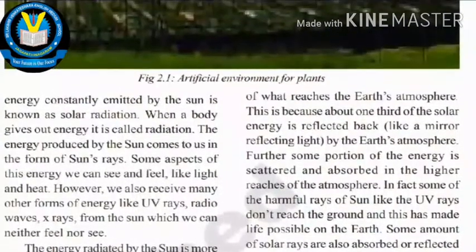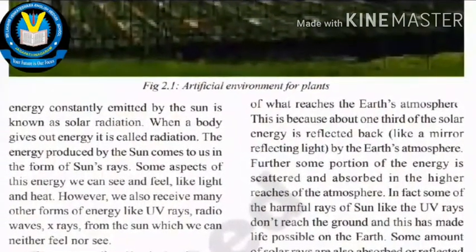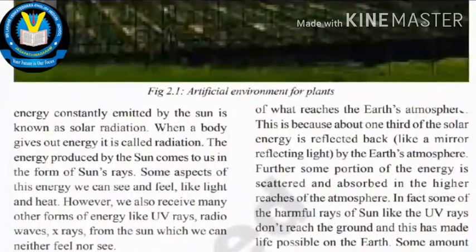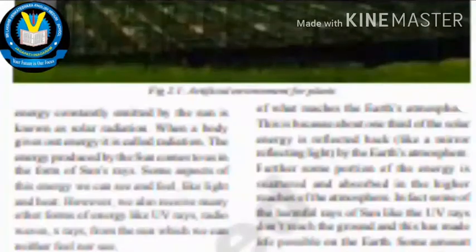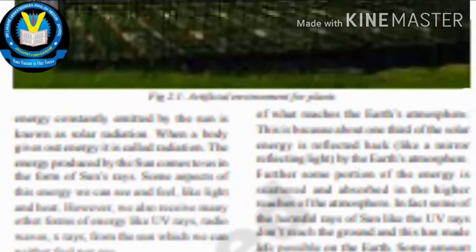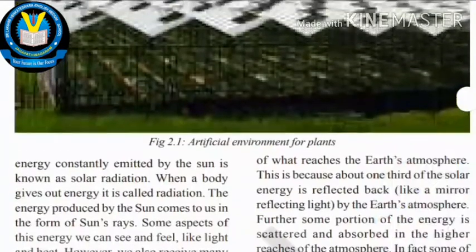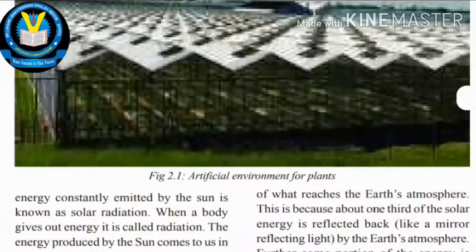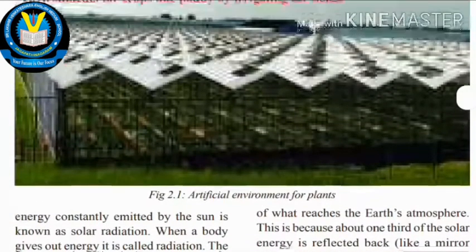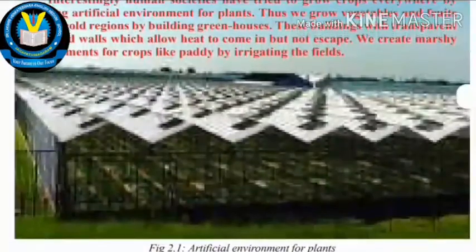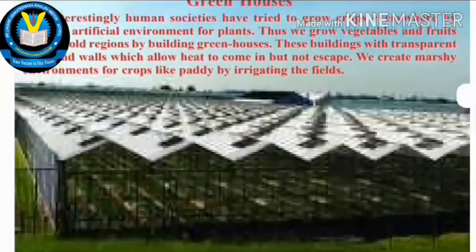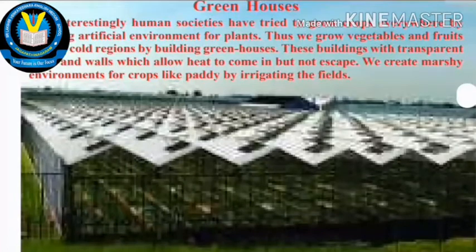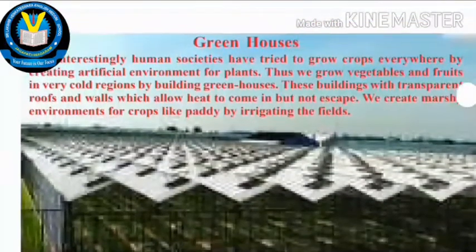The energy radiated by the sun is more or less constant, with very little variation throughout the year and year after year. So, if we make artificial heat with our hands or something else, then the beginning of the heat, the middle of the heat and the end of the heat, the three phases, will have variation.